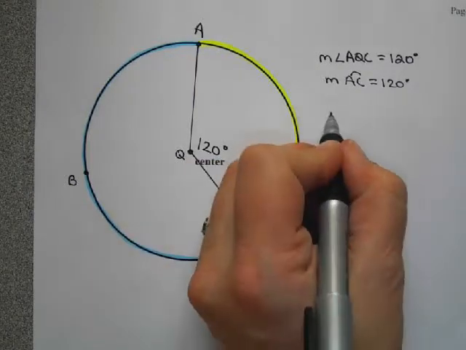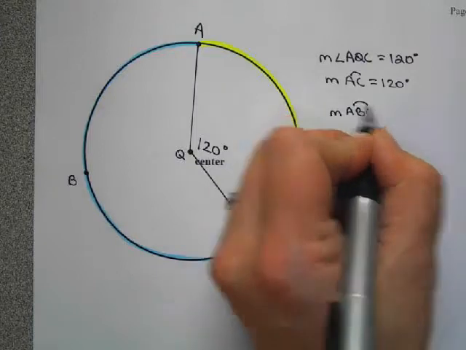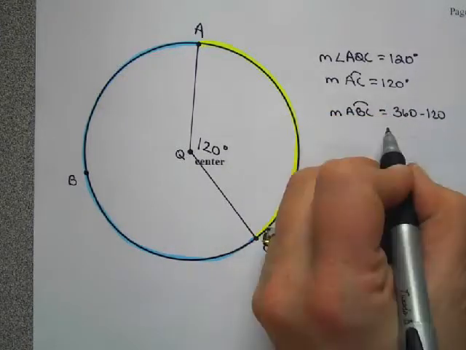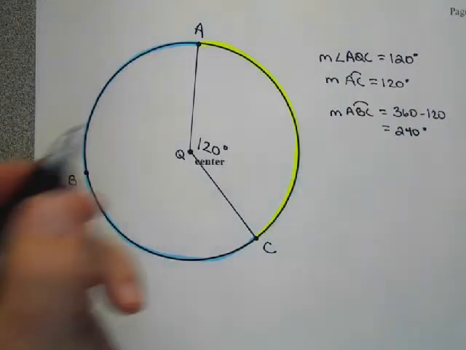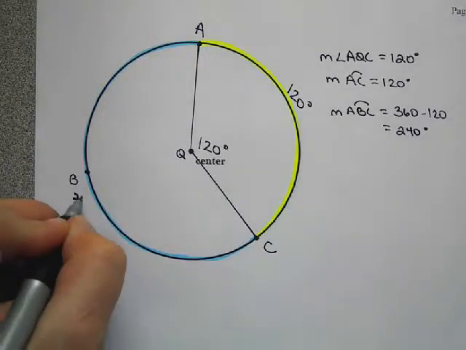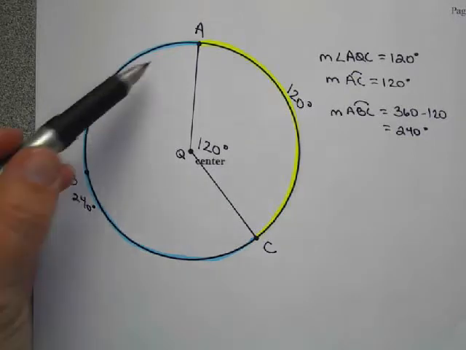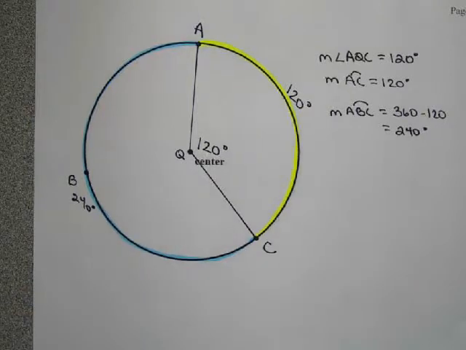So the measure of major arc ABC would equal 360 minus the 120. So that would be 240 degrees. So this arc would be 120. This arc would be 240. And you can write the arc measure outside the circle and the central angle inside the circle.